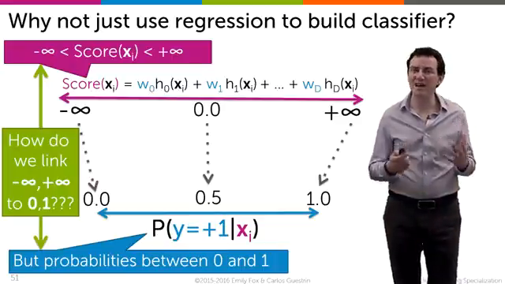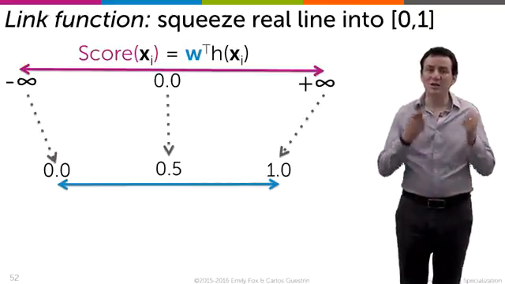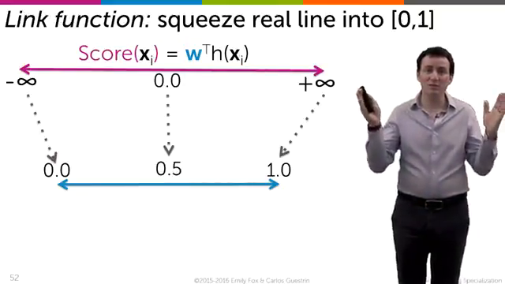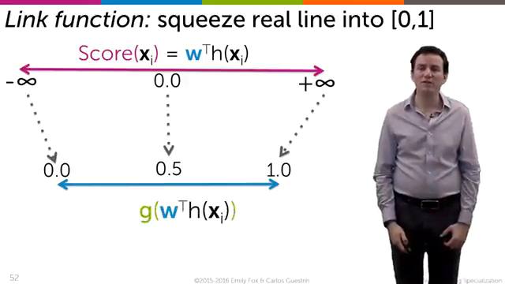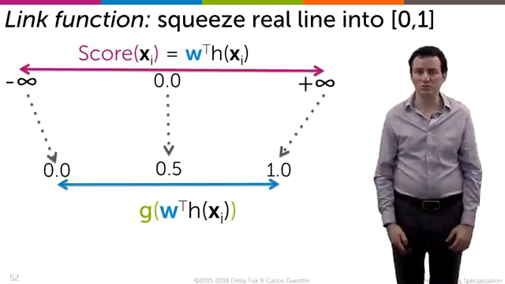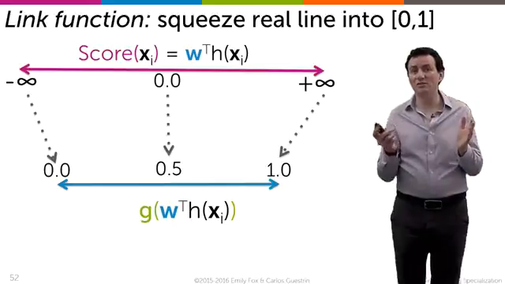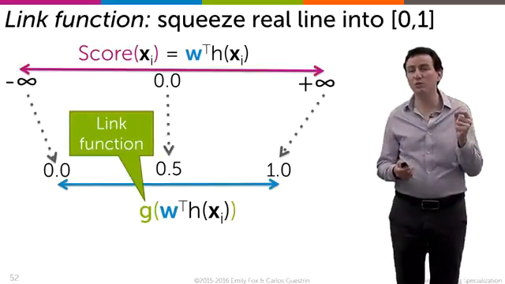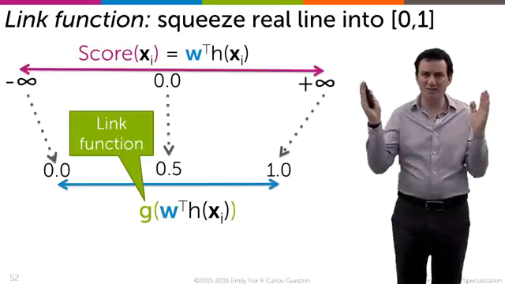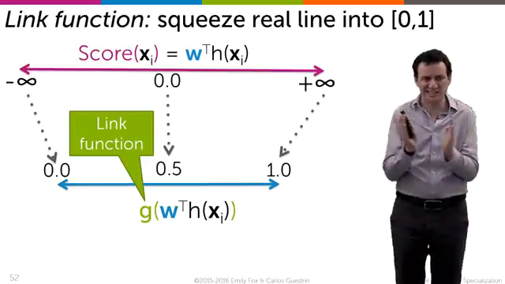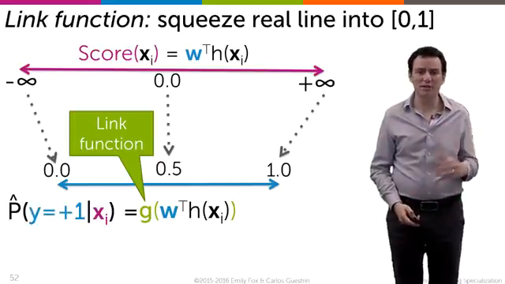And now we're going to see some magic. The magic that links this range minus infinity to plus infinity to the range 0, 1 is called a link function. It's what links the two. I'm going to take the score, which is between minus infinity and plus infinity, and push it through a function g that squeezes that huge line into the interval 0, 1, and use it to predict the probability that y equals +1.